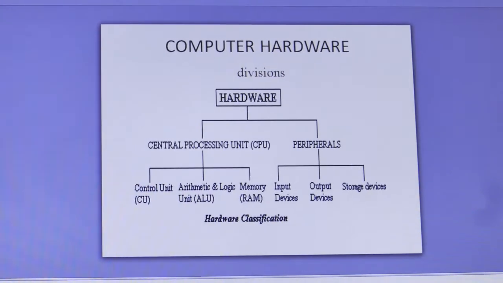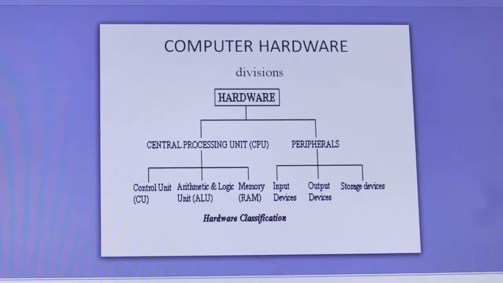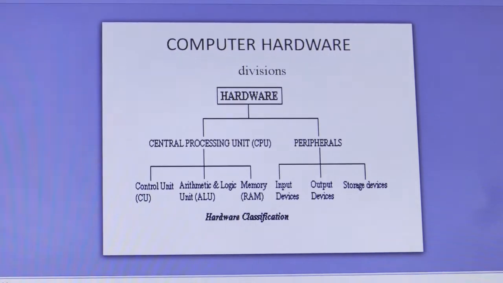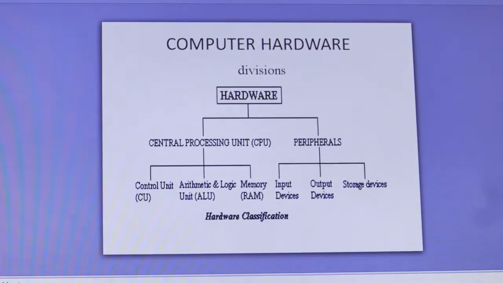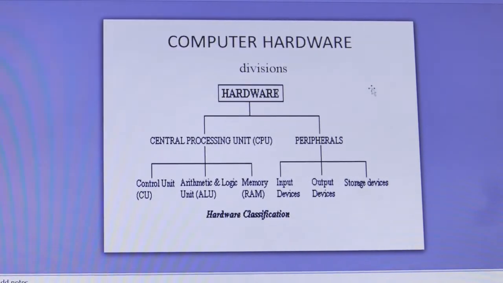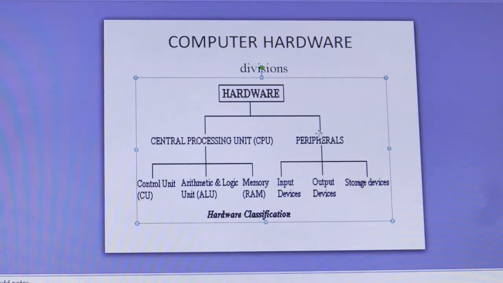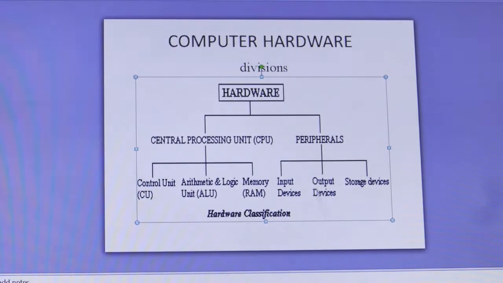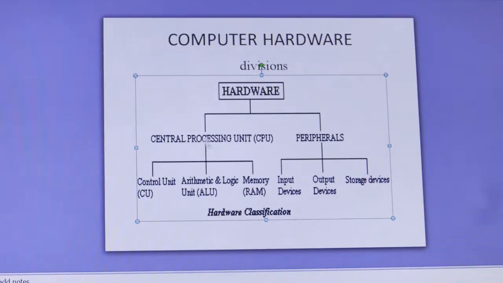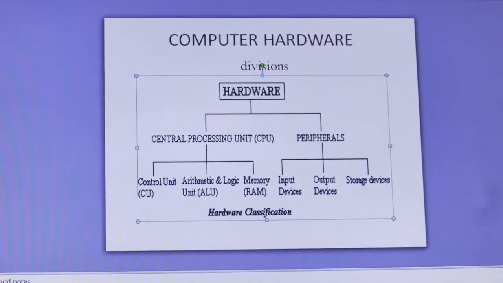Examples of these devices, we have mouse, keyboard, screen. You are able to see them, you can touch them. This hardware also has some divisions, and you can see on this diagram it has two divisions. We have peripheral devices and central processing unit.